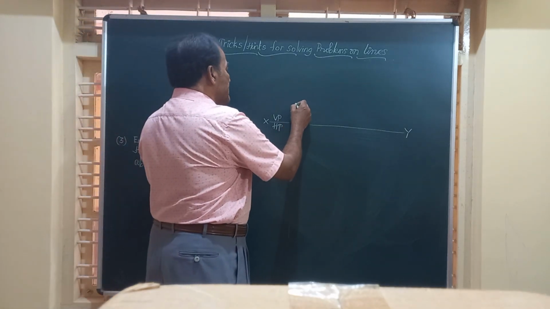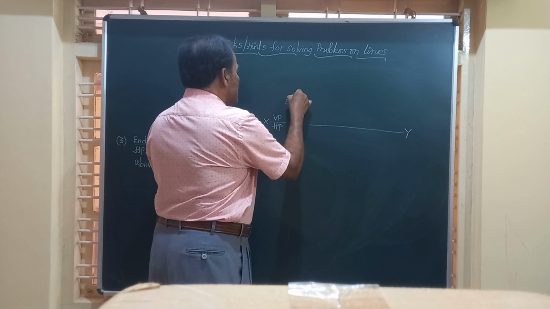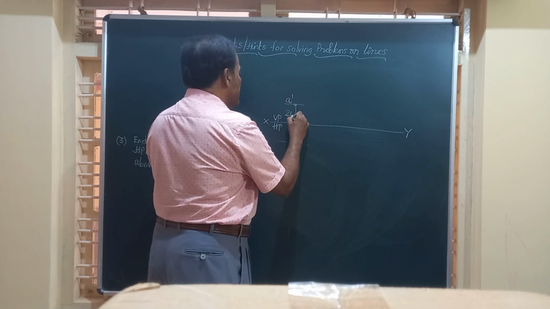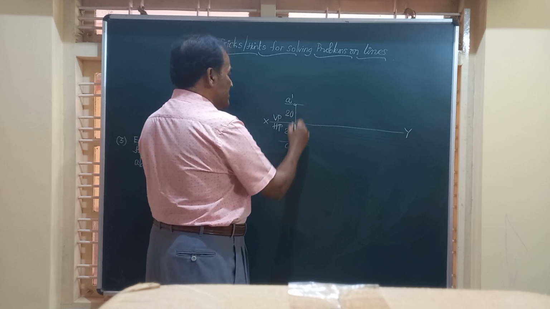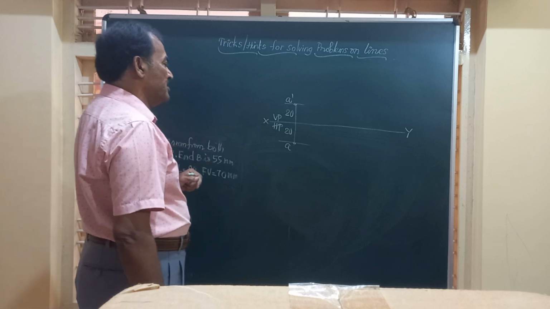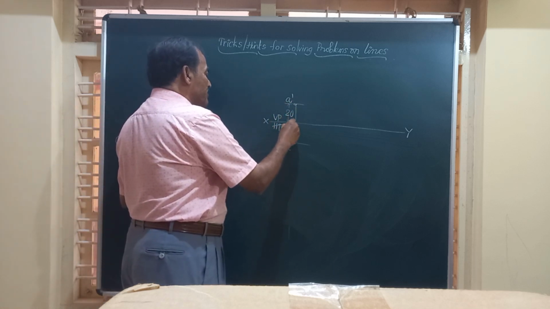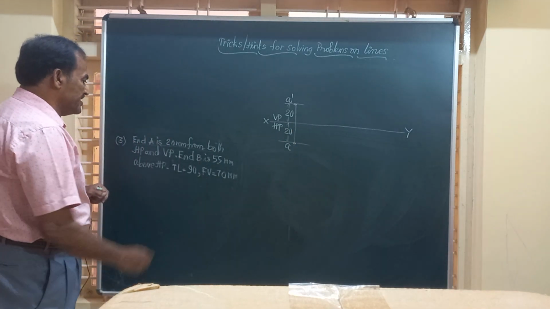So you can draw a vertical line through this and mark A dash, the front view of the end A, at a distance of 20. Similarly, the top view A is marked at a distance of 20 from XY. So we have obtained the projection of one of the endpoints, A.